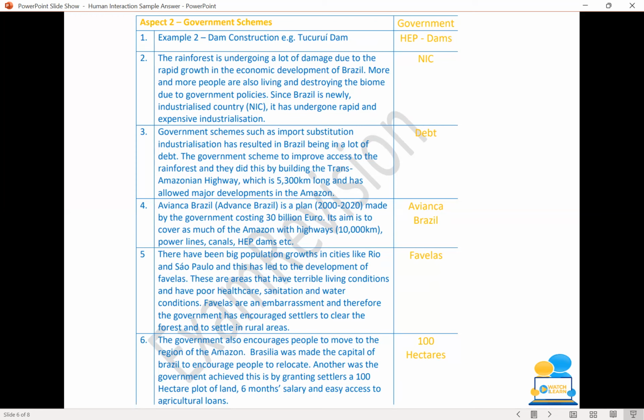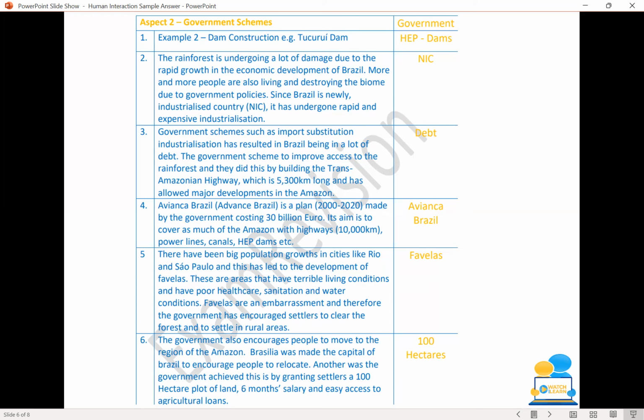Now, this is still ongoing. So even though it finished in 2020, the scheme has continued. It also aimed to cover the Amazon in power lines, with canals, with hydroelectric power dams, as many as possible, to create more jobs, electricity, and more resources for the country itself.